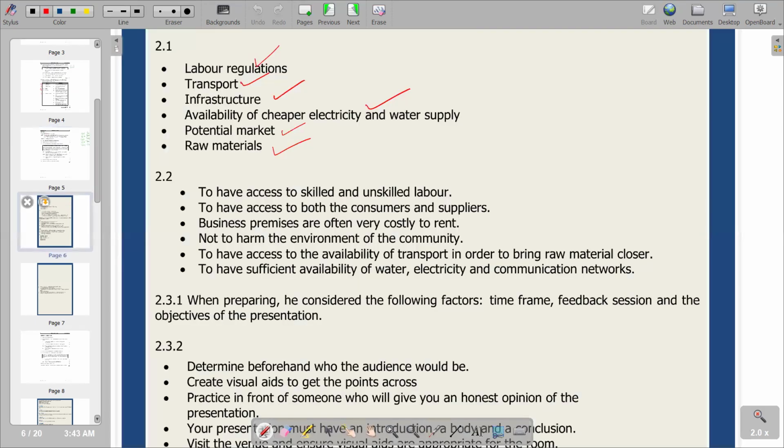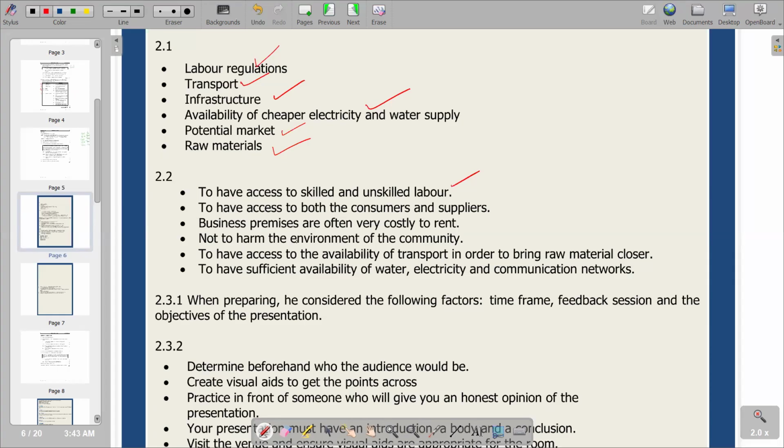So, you go to the answer section again to say that the first one that we have is to have access to skilled and unskilled labor. The location makes you have access to skilled and unskilled labor, which is also an important aspect that we have to take note of.